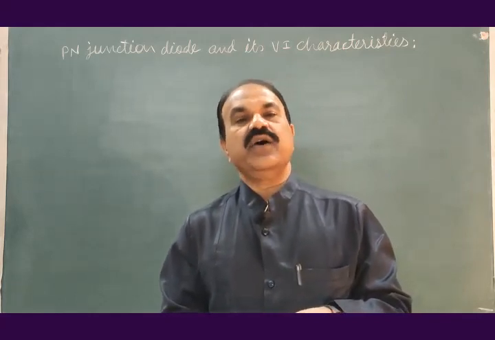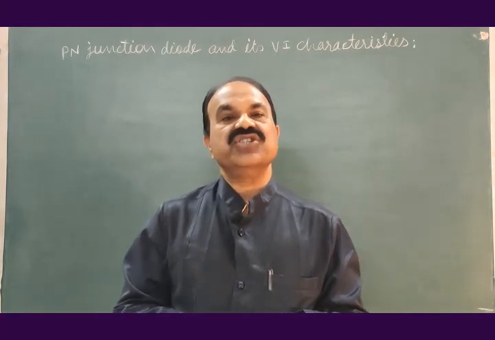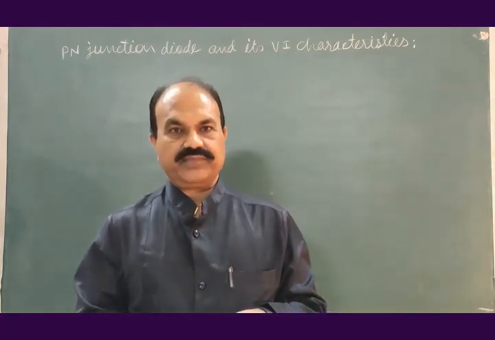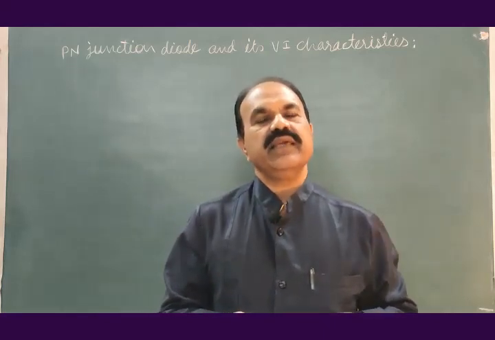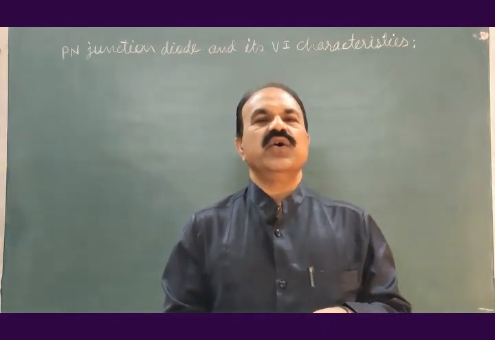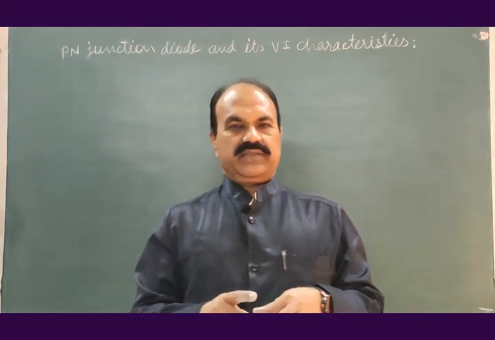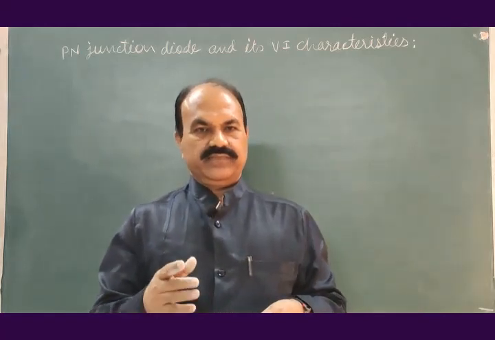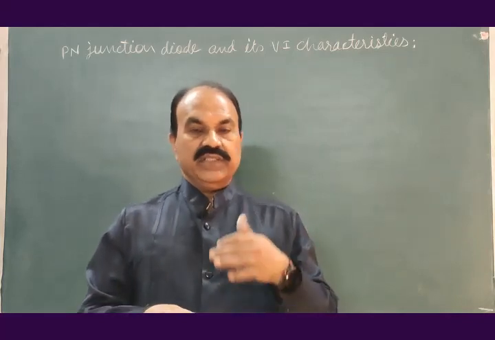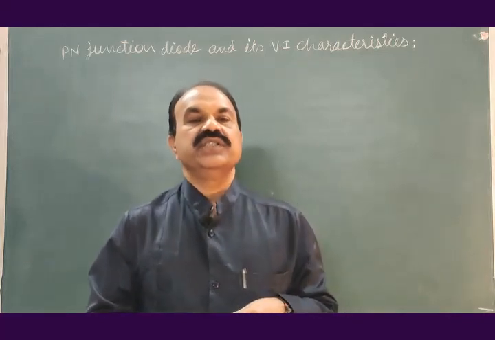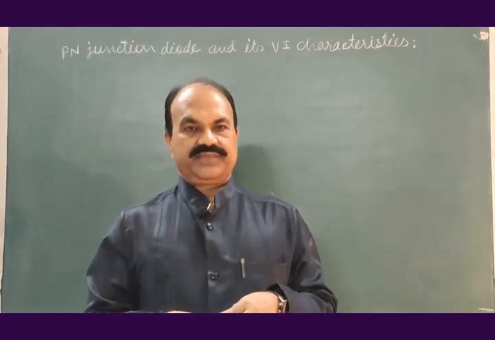Let us first see how this p-n junction diode is constructed. You may first consider n type of semiconductor or p type of semiconductor. You know how to construct n type of semiconductor. You also know how to construct p type of semiconductor.